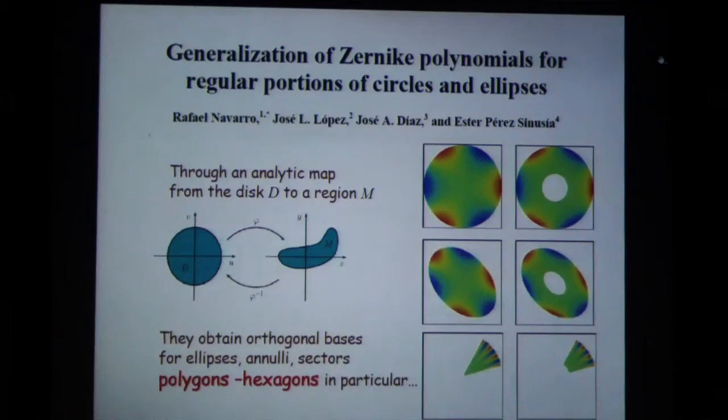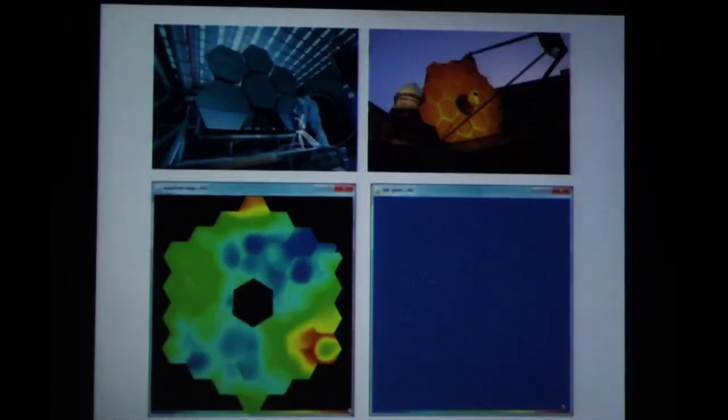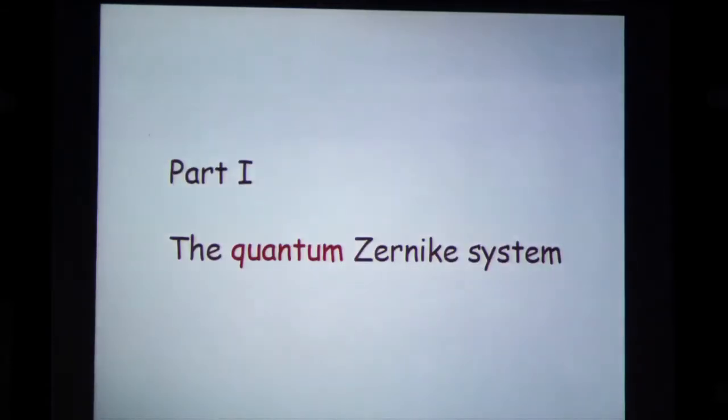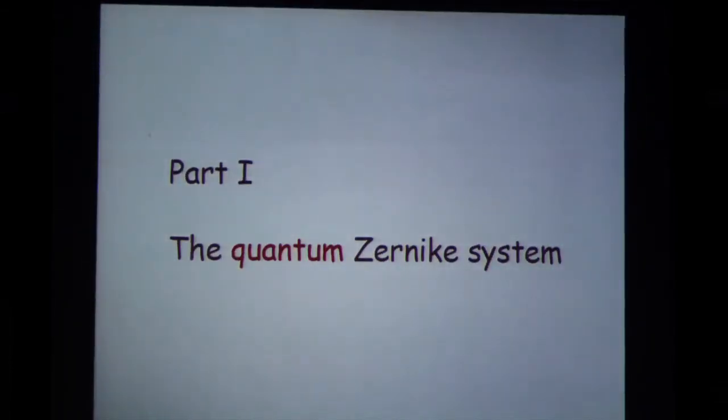Yeah. So, these things are actually used, or trying to be used, to take away aberrations of larger sectorial mirrors. So, let us start then with part one, which is the quantum Zernike system.